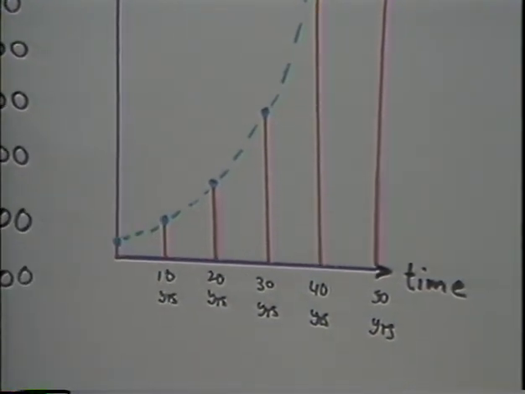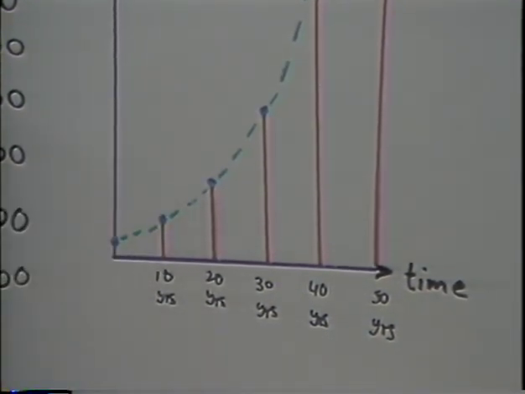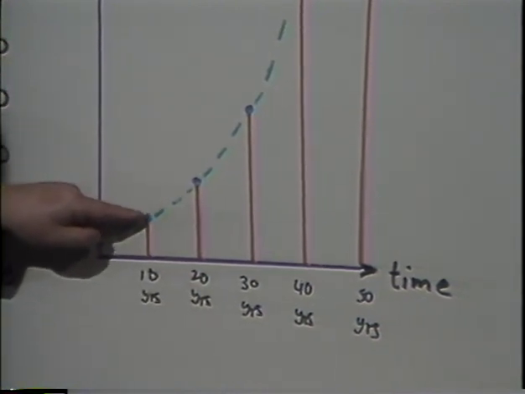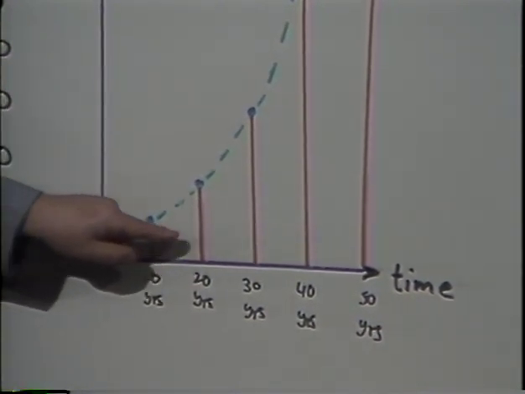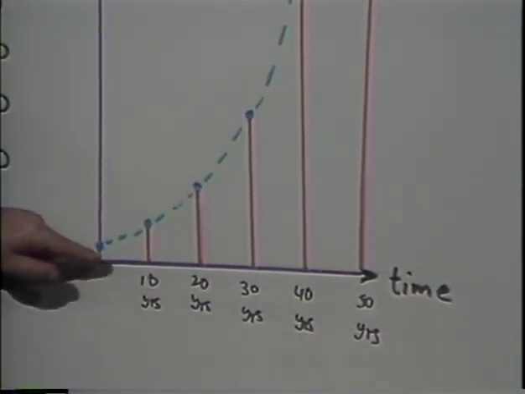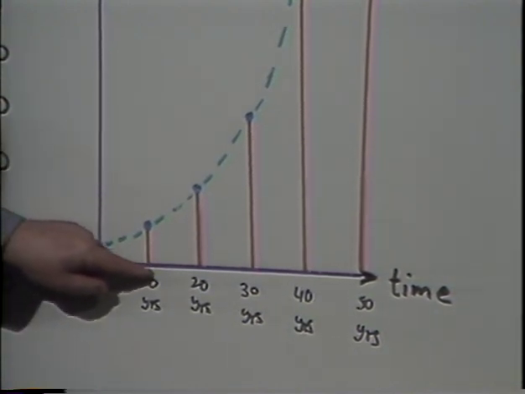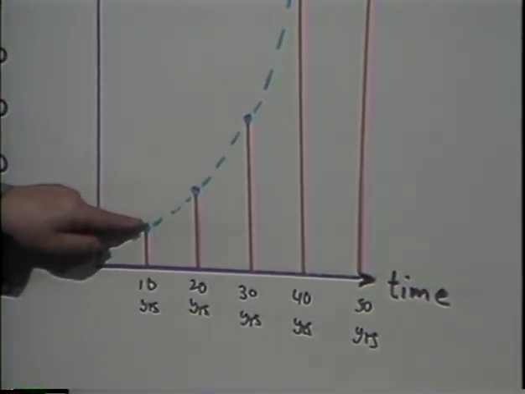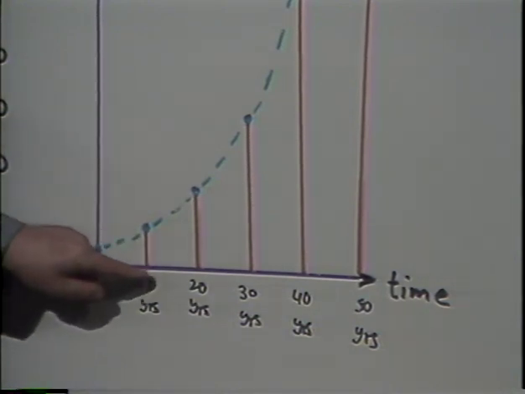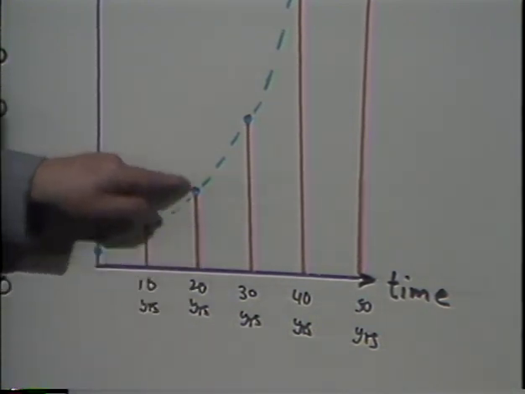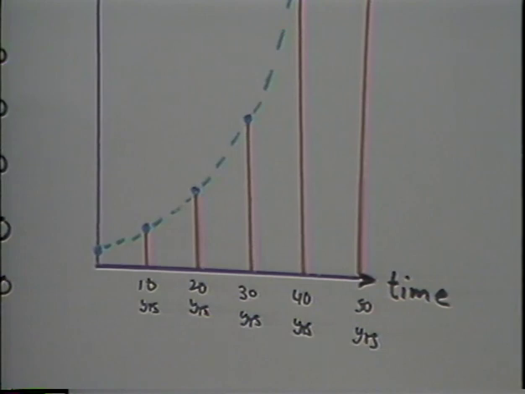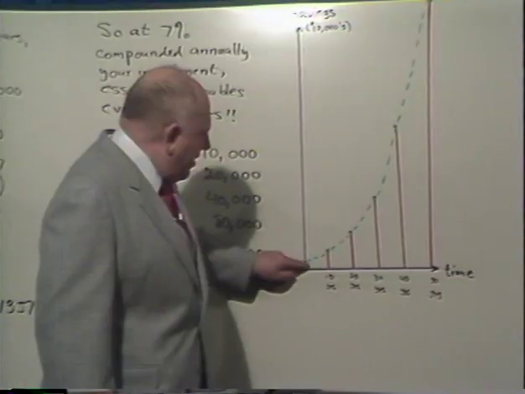Now what happens during the next 10 years? This is the amount that doubled. So this length here is going to be double this length. It's not increasing at a constant rate. In going from here to here, this went from 10,000 to 20,000. That was an increase of 10,000. But in going from here to here, this didn't increase by 10,000. It increased by 20,000. This is 10,000.